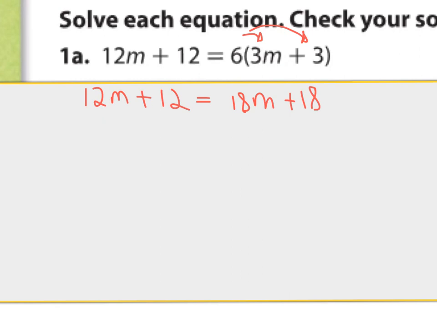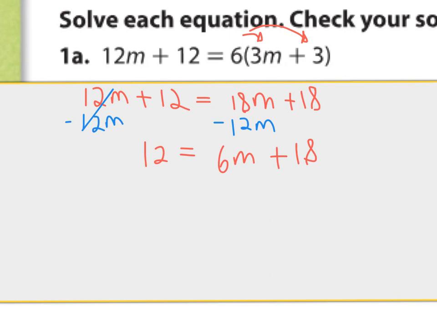So I will use the subtraction property of equality to remove the 12m, and I have to do the same to the other side. So the 12m is gone, and I'm left with just my 12 equals 18m minus 12m, which is 6m, plus 18.